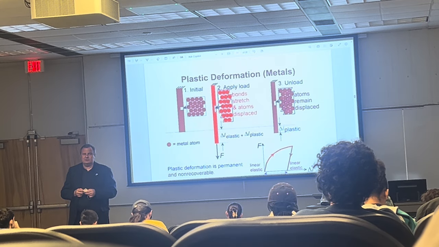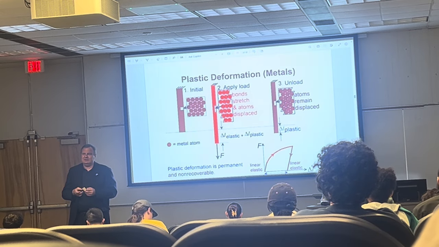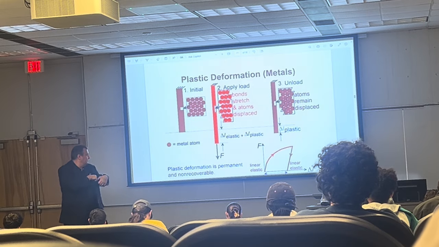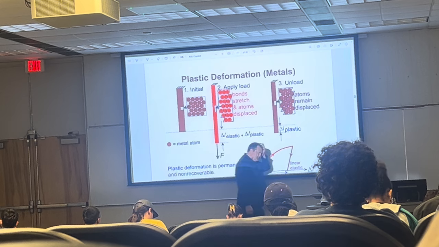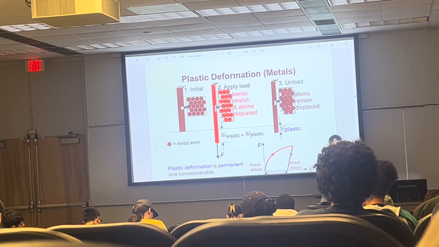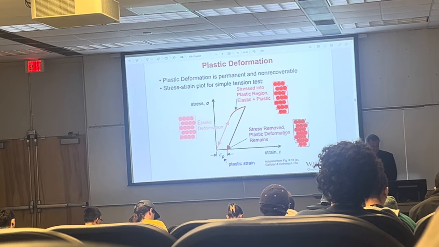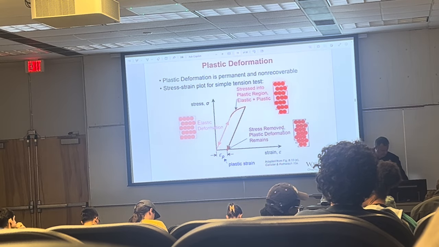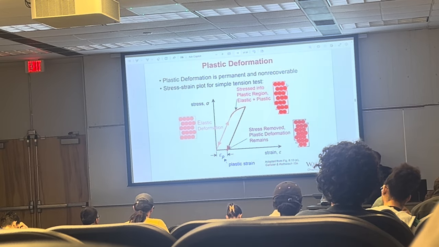The whole mechanics course crammed in a couple of lectures. So that's why you don't see the derivation, you just see the final result. So plastic deformation, synonym is permanent deformation. And for design, we're always trying to avoid it. It's non-recoverable.